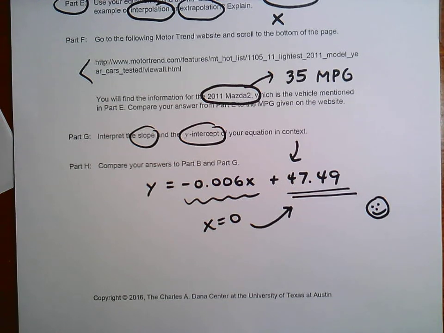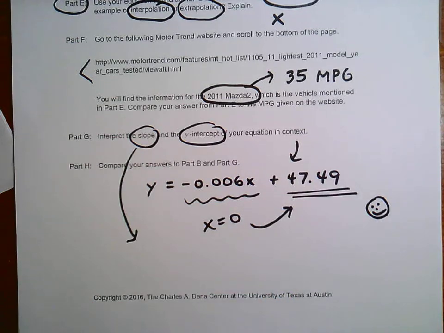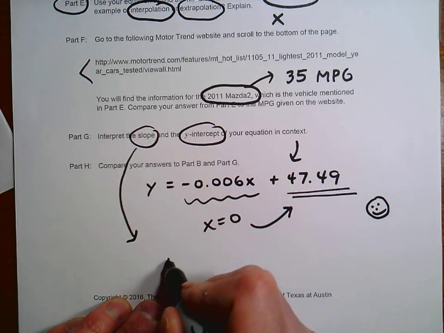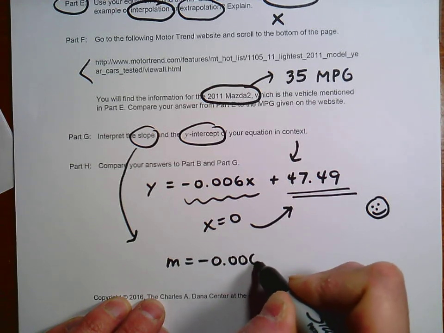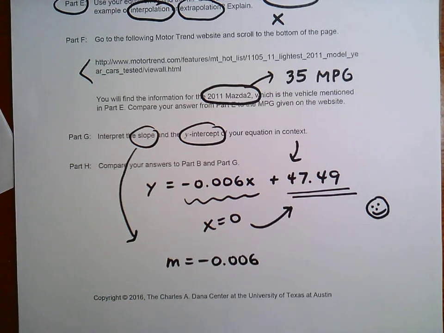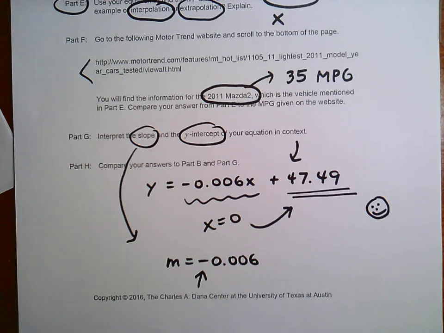The other one, on the other hand, is. So it says interpret the slope. What does that mean? So the slope in this problem is that very small negative number, the number that we calculated. What this is telling you is for every single pound of weight, your gas mileage is going to drop by 0.006 miles per gallon.